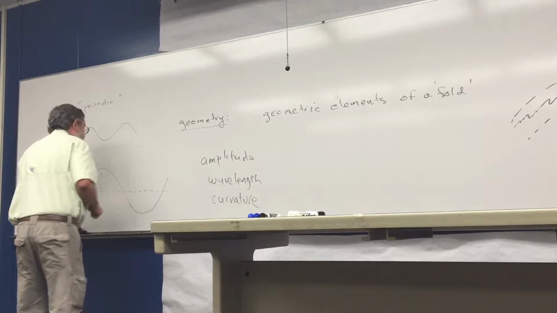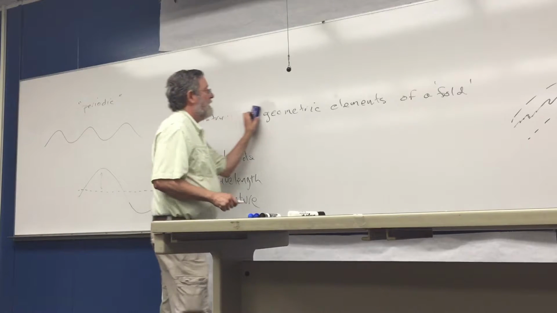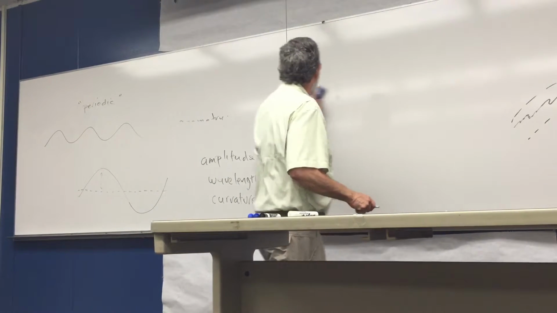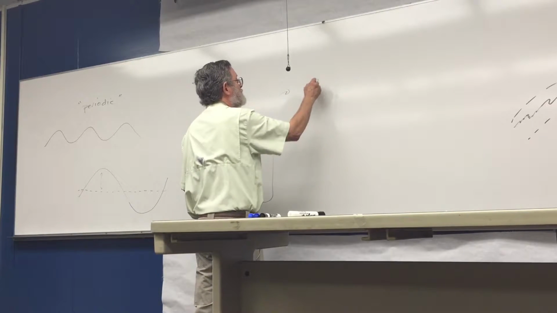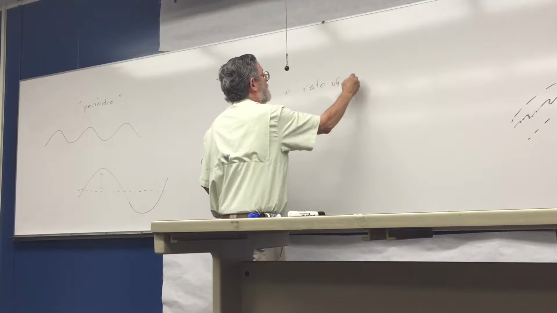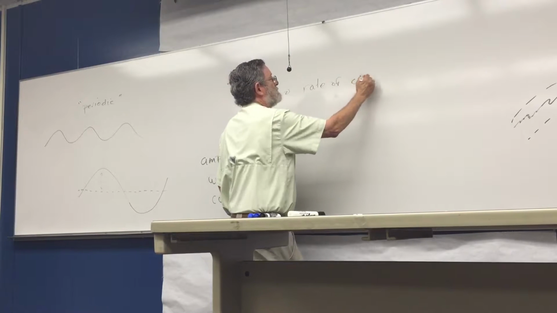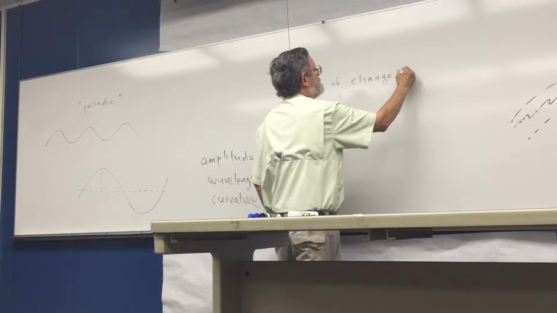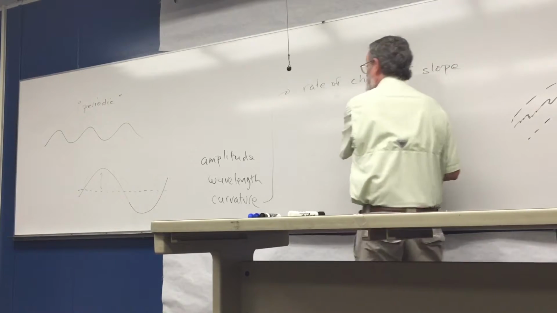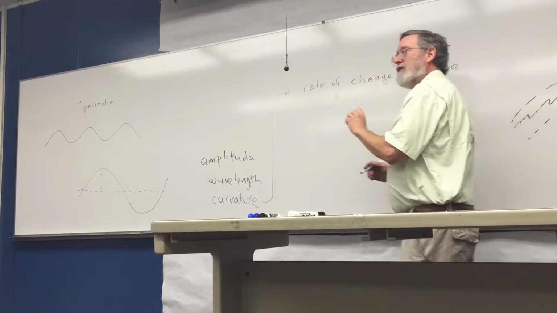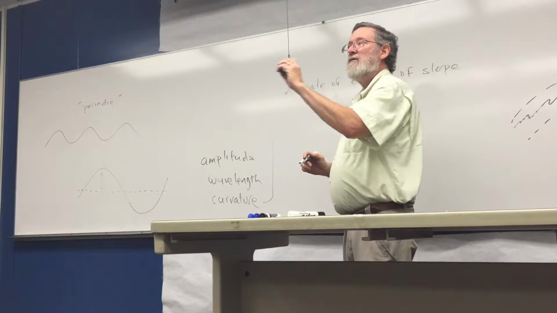The way that we define curvature in a little bit more rigorous form is we're going to look here at the rate of change of slope over some small arc length.